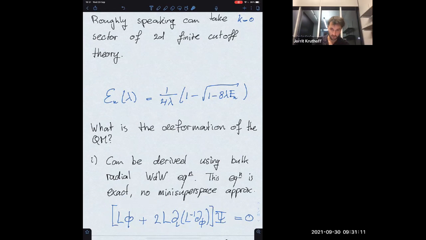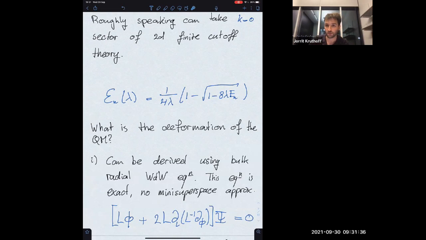Here L is the length of the boundary, or the length of your radial slice, and phi is the value of the dilaton on that slice. So those are the two gauge invariant observables that you can have in this case. So the Wheeler-DeWitt equation is this, very simple, and you can solve it.